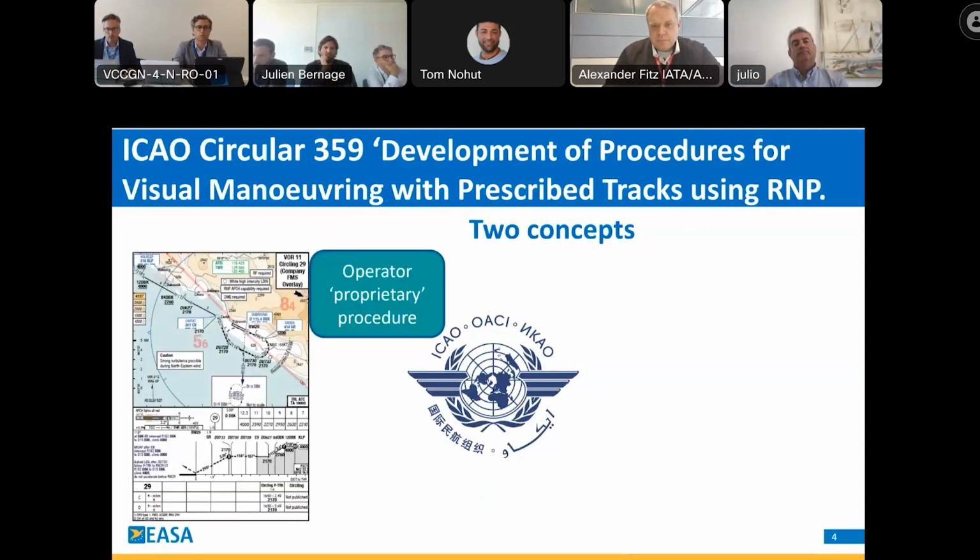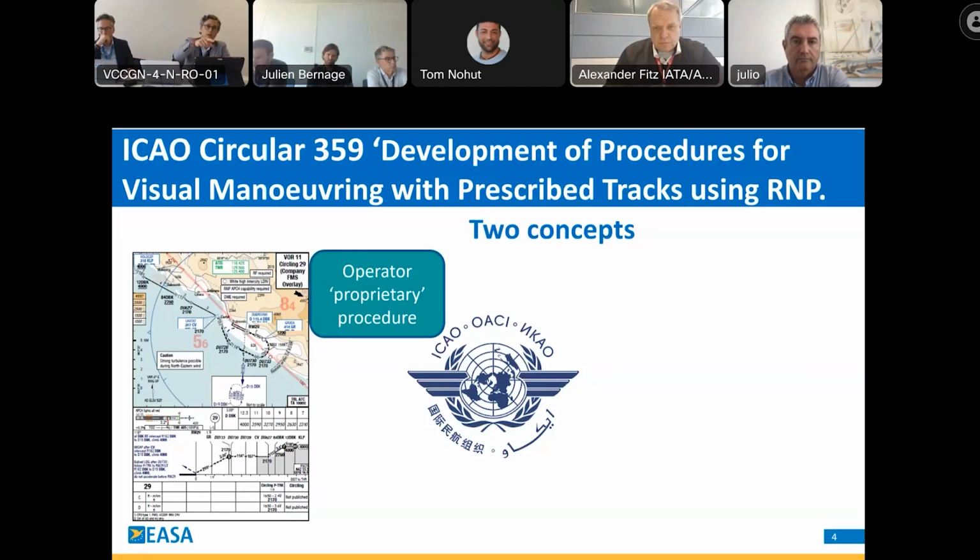The first one is the operator proprietary procedure. It discusses the overlay of a VPT developed by the operator, an overlay, not an RNP substitution, meaning that you still need to acquire the radio navaids and the navigation equipment on the ground, or if you do an overlay on the GNSS, then GPS primary, etc. But the idea is an overlay, not a substitution, okay?